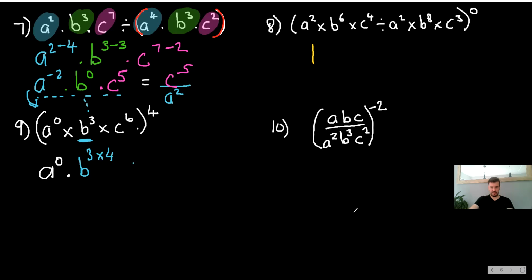And then let's do the C. C to the 6, that'll be C to the 6 times 4. Now the A to the 0, that's just 1. So that 1 times whatever this will be will just be 1. So we don't have to write the 1. And we get the B to the 12, C to the 24. That's done.